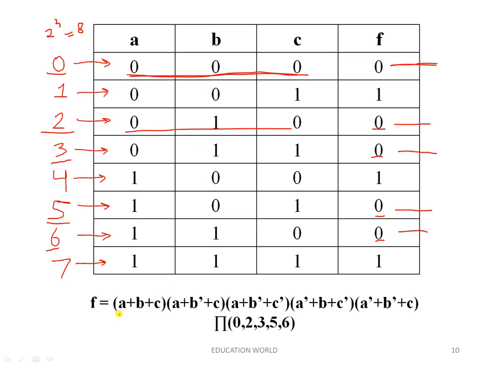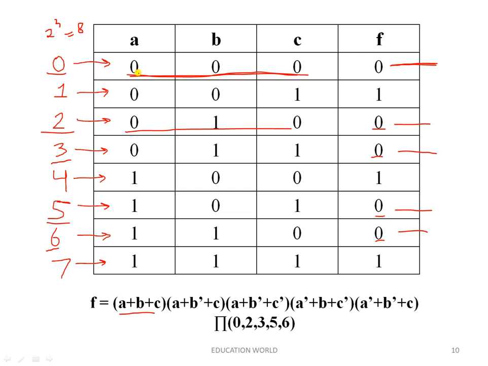We write it as a product of sums: we take the sum and then we take the product. In this case of product of sum, where it is 0, it is written in true form, and where it is 1, it is written in complemented form.